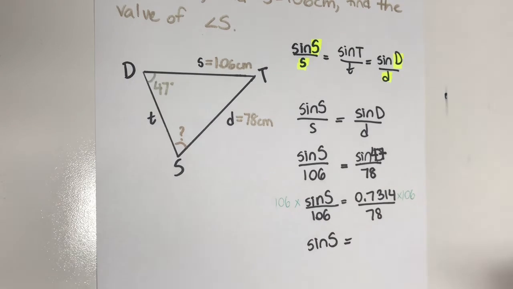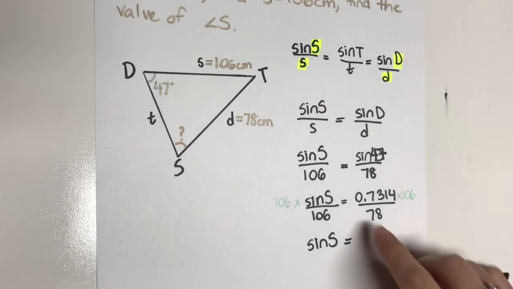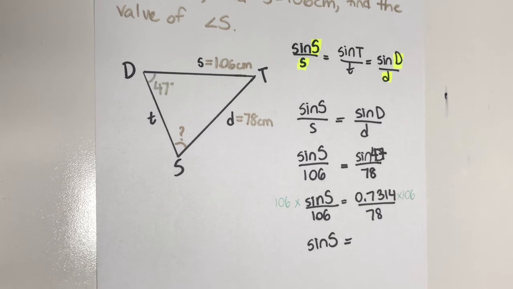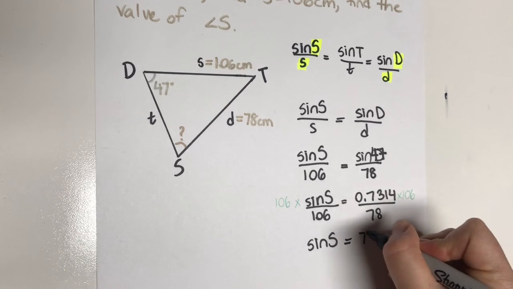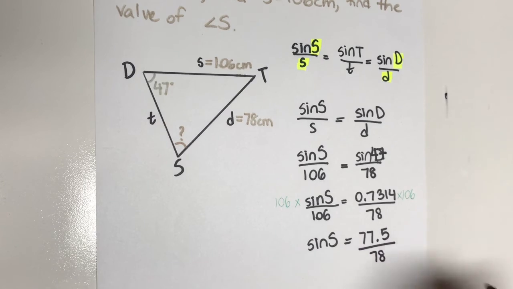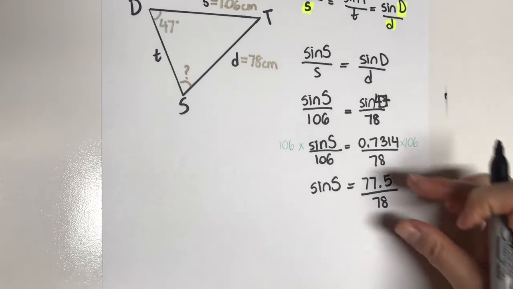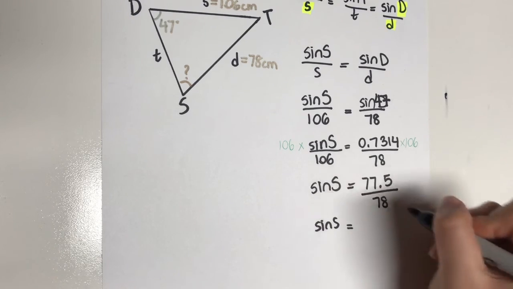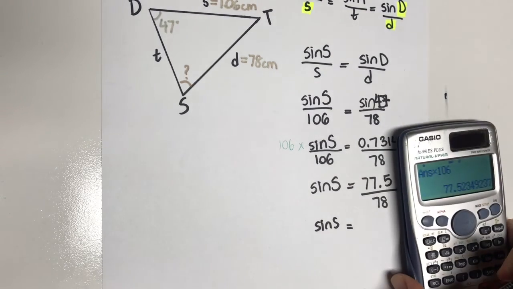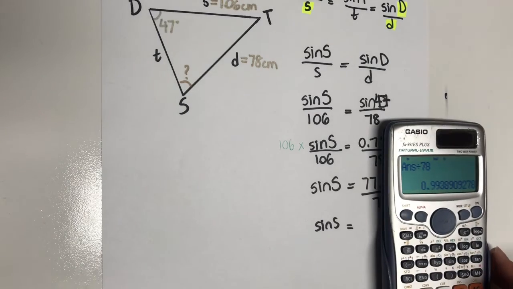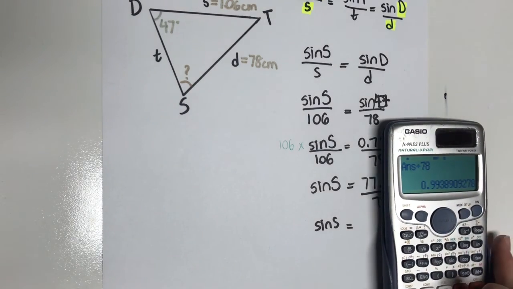And on the right side, I multiply the numerator, 0.7314 times 106, and I get 77.5 over 78. I can simplify this fraction: 77.5 divided by 78, to 4 decimal places, is 0.9939.